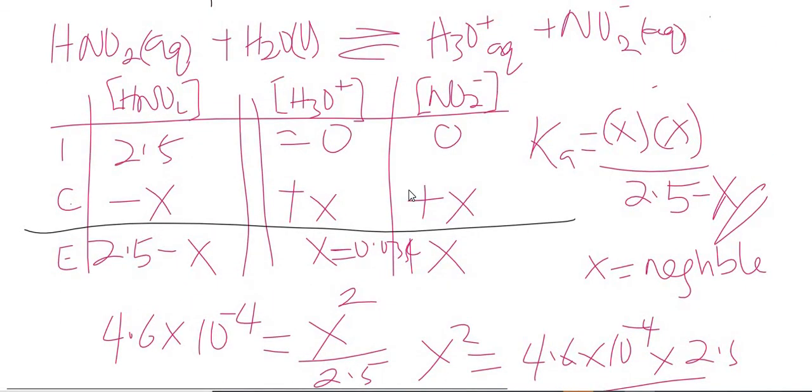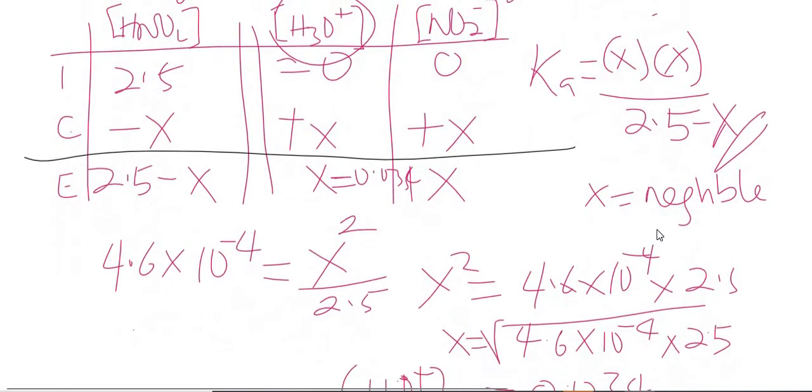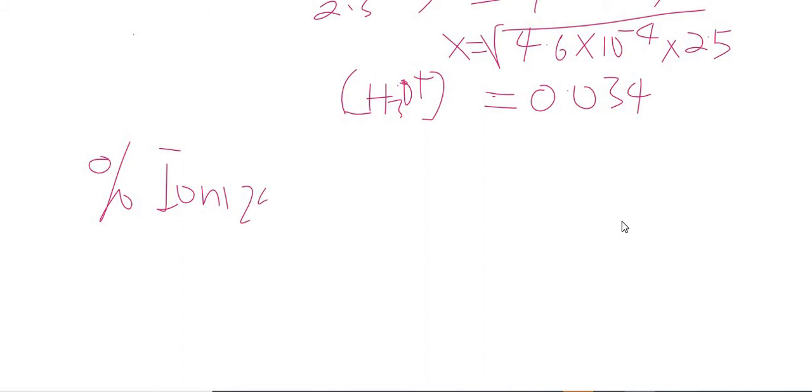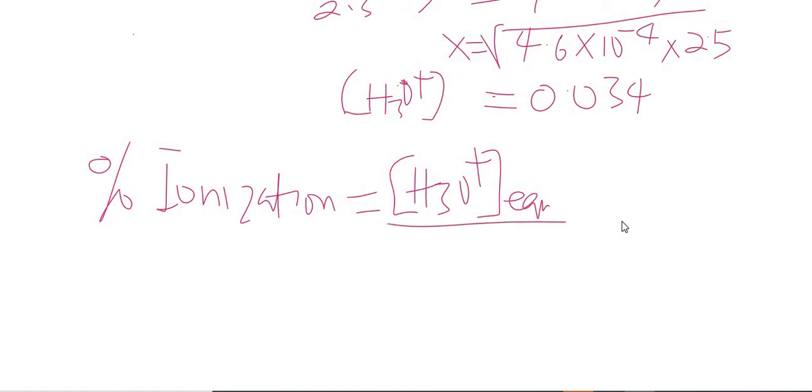Okay, so we go to our percent ionization, which is the concentration of hydrogen ion at equilibrium over the initial concentration of the acid, times 100.